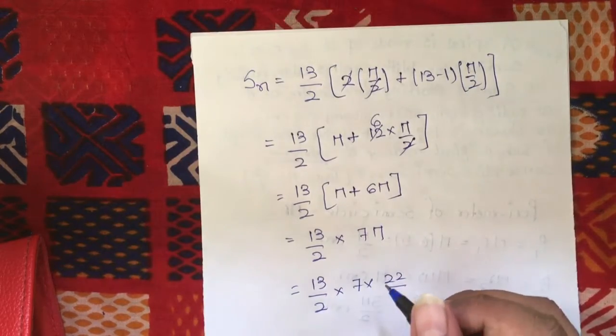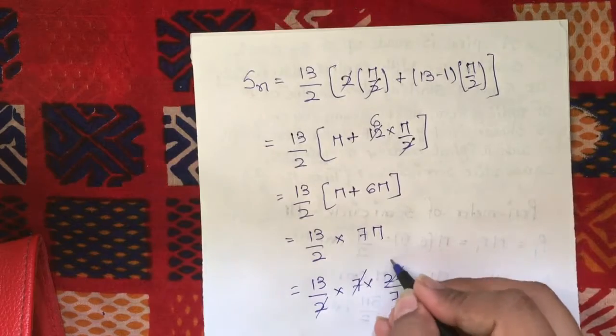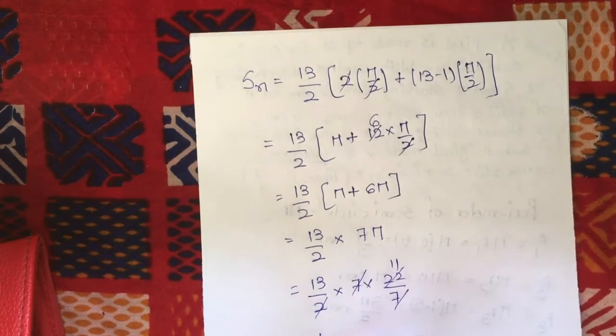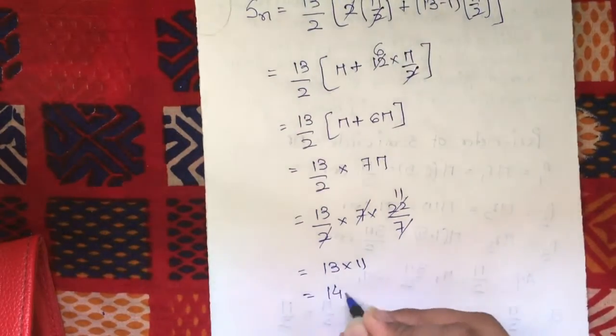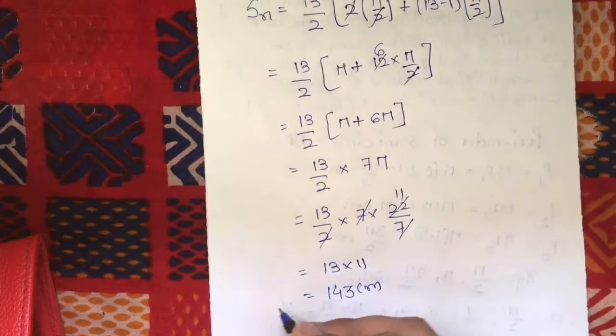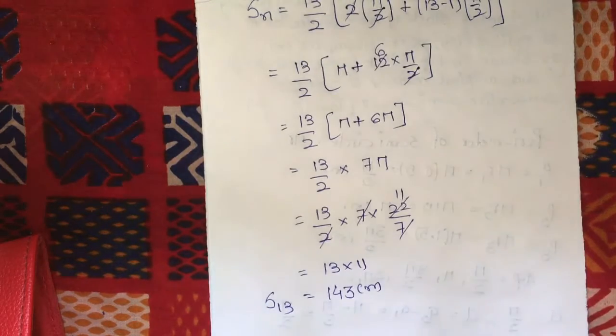Okay, so now 7 gets cancelled, 2 elevens are 22, so we are having 13 into 11, and the answer will be 143 centimeter. So the total of 13 consecutive terms will be 143 centimeter.